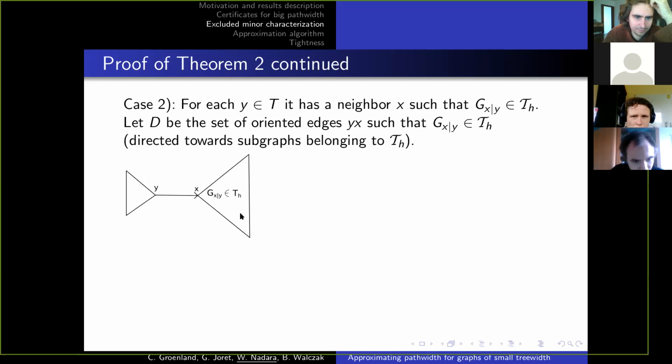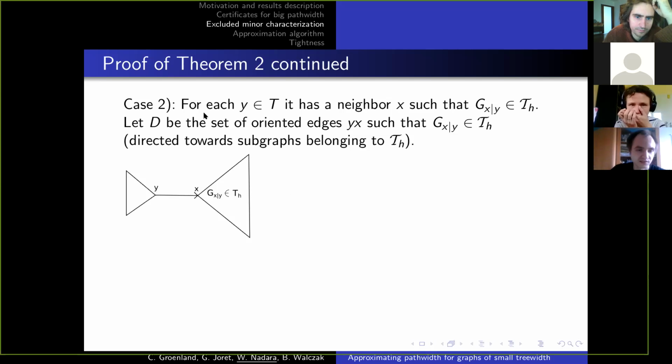Gxy is a graph induced on vertices that are fully contained within a subtree of x. If we are given an edge yx, and we look at the vertices that are contained only in the right part of the tree decomposition, we call that graph Gxy.